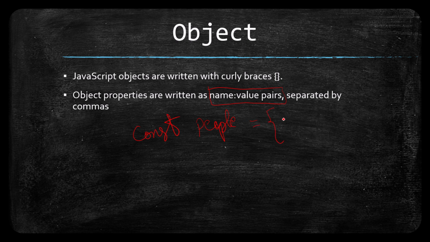Now start the object: first name John, last name Doe, age 50. It goes on, and when you are done, just close it.